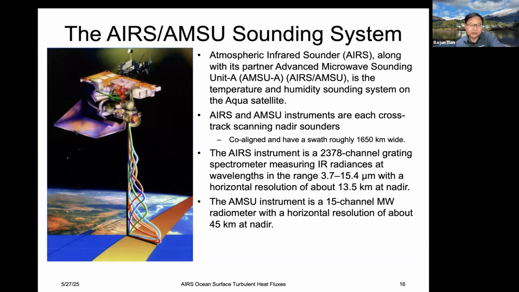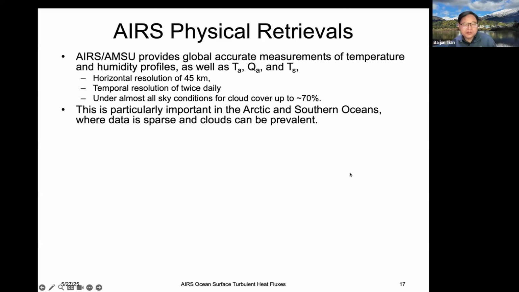Are these two collocated, aligned, or do they work together? These two instruments work together through both the infrared and microwave channels, through a cloud clearing algorithm that can provide accurate measurements of temperature and water vapor profiles, as well as near surface temperature, near surface humidity, and sea surface temperature, with a horizontal resolution of about 45 kilometers.